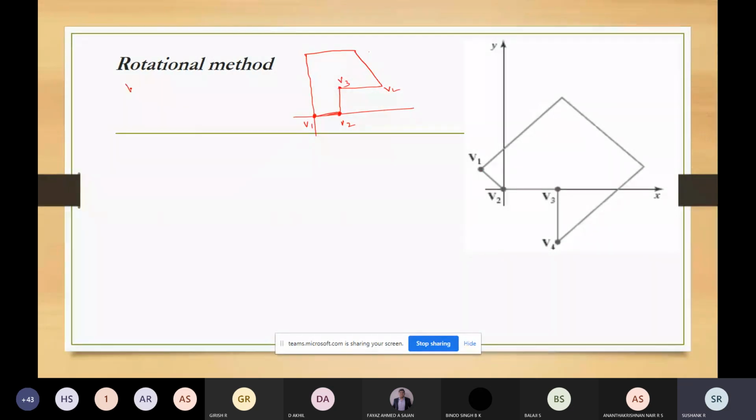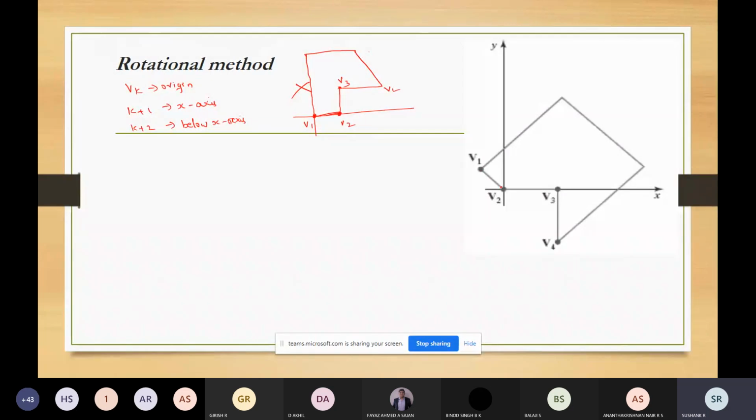The condition is vk should be at the origin, k plus 1 should be on the x-axis, and k plus 2 should be below the x-axis. Then only you can split the polygon. So in case 1, when the vertex v1 is at the origin, that scenario is not possible.